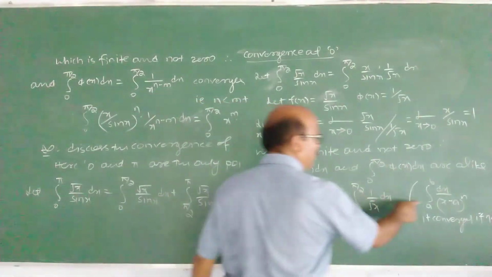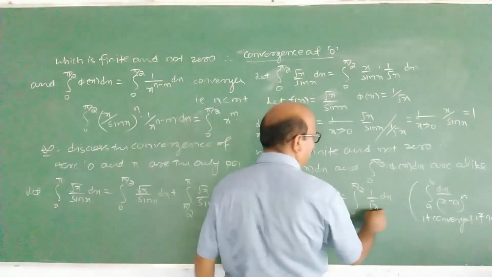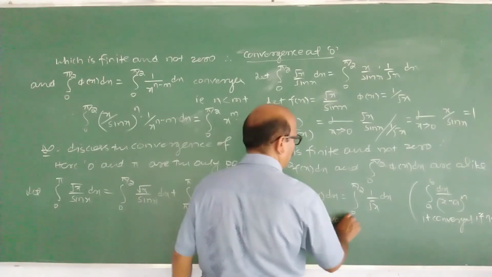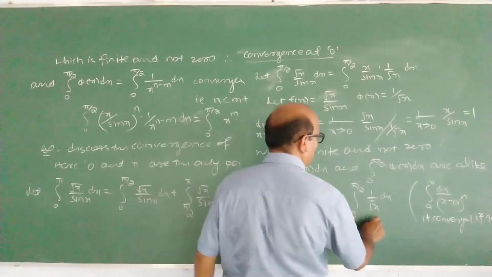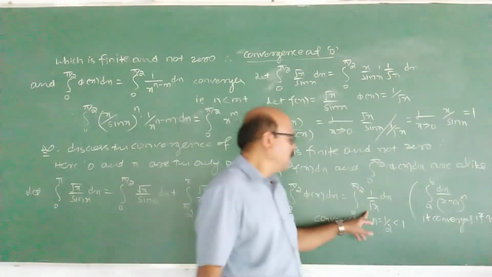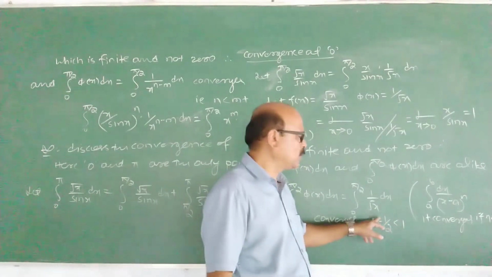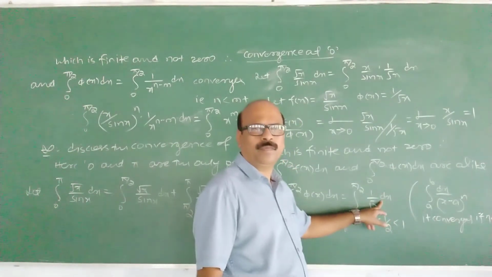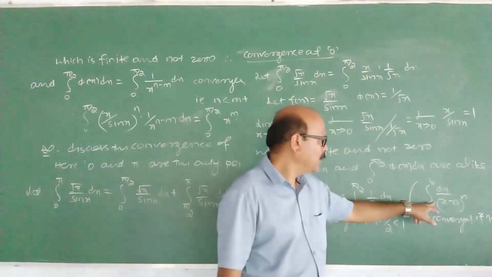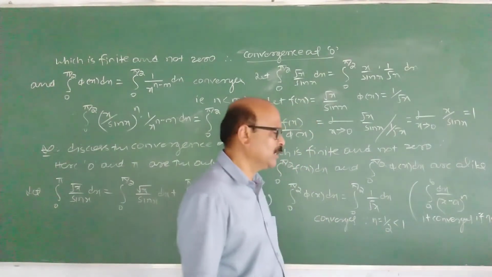Now is it of this form, (x minus a) raised to n? Yes. Integral 0 to pi by 2 of 1 upon (x minus 0) raised to half. It converges because n is equal to half, which is less than 1. Here a is 0. Root means half, so it is less than 1, and by this standard integral, this converges.